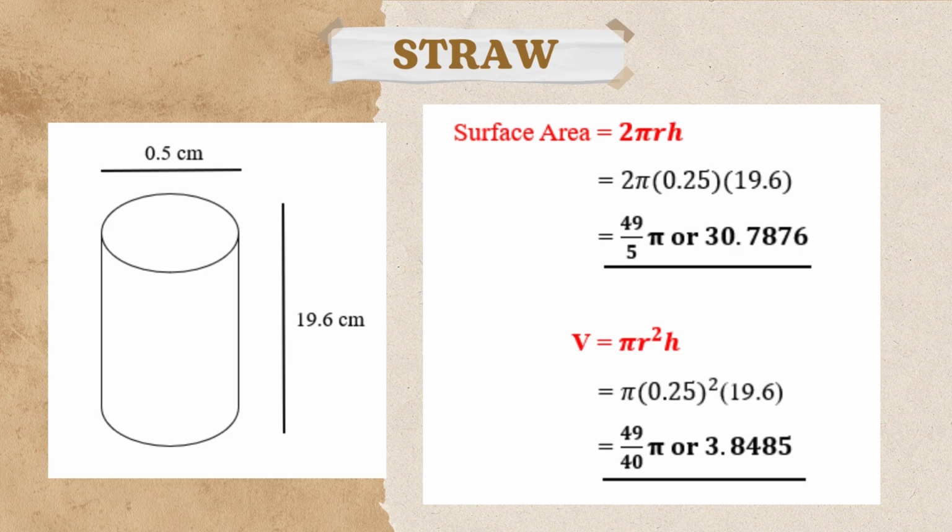We can substitute the already known information into the equation, giving us 2 pi multiplied by 0.25 multiplied by 19.6. And like before, we will key in this equation into our calculator and find our answer, which is 49 over 5 pi or 13.7876 cm square as our final answer.